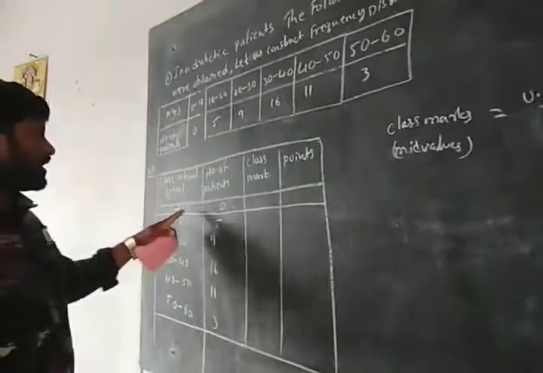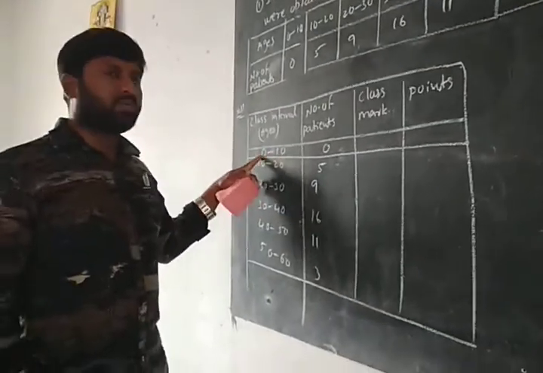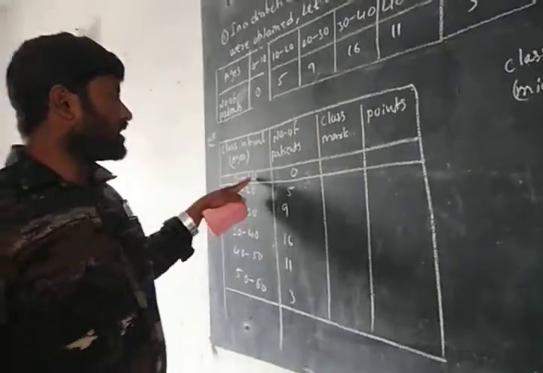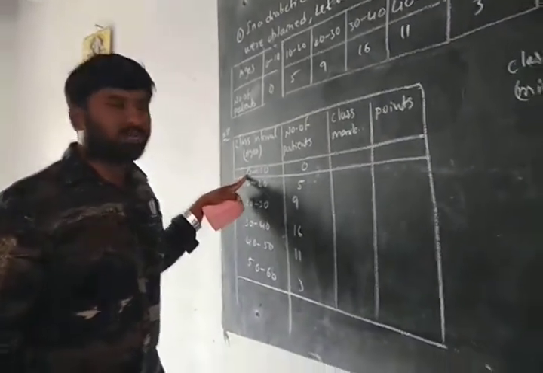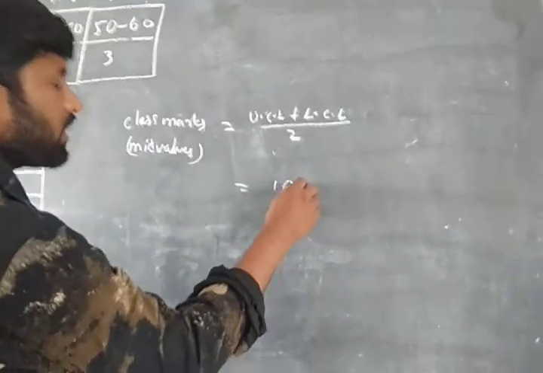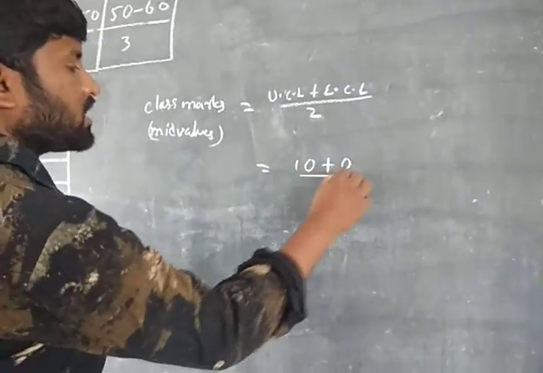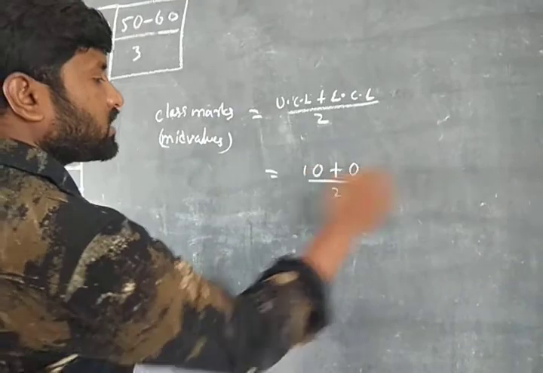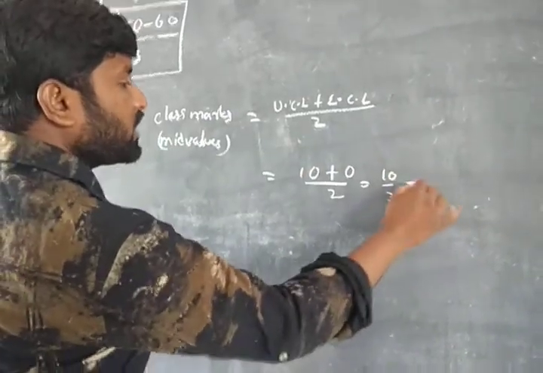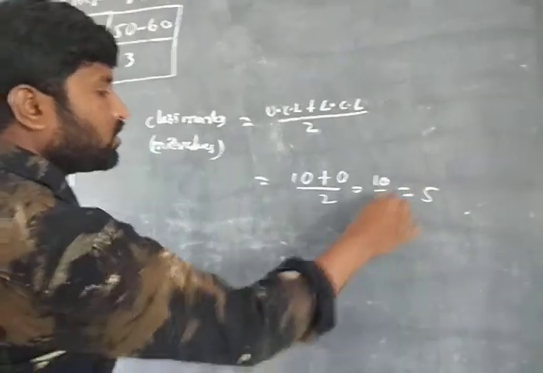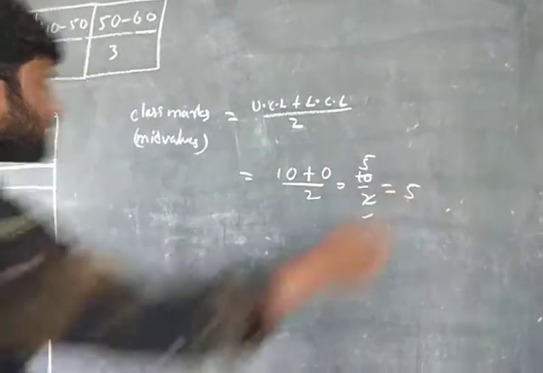The upper class limit is 10 and the lower class limit is 0. Then 10 by 2 equals 5. So we can write like this.